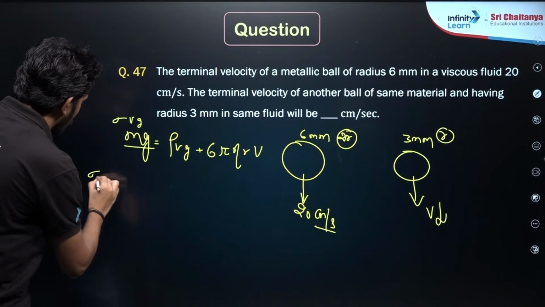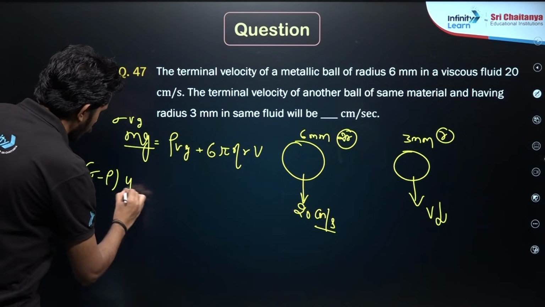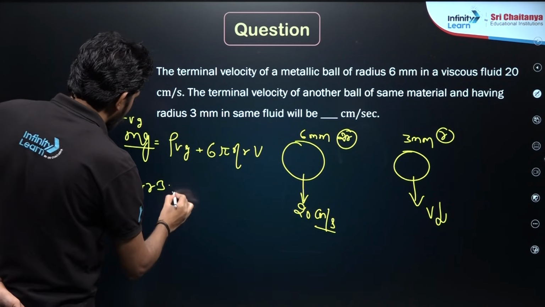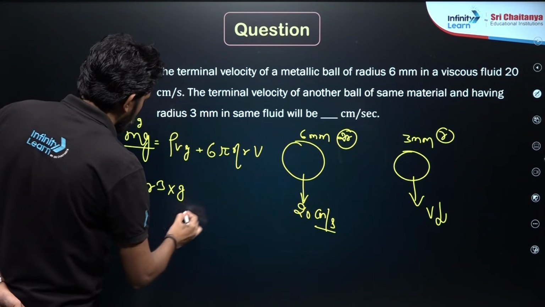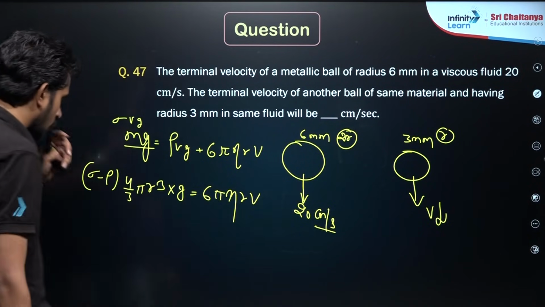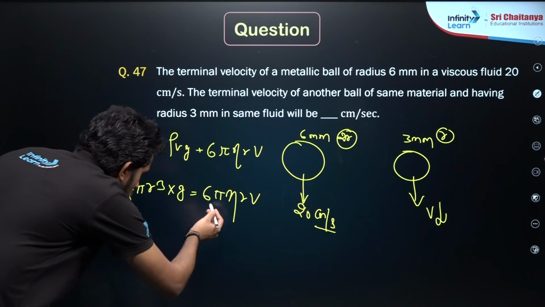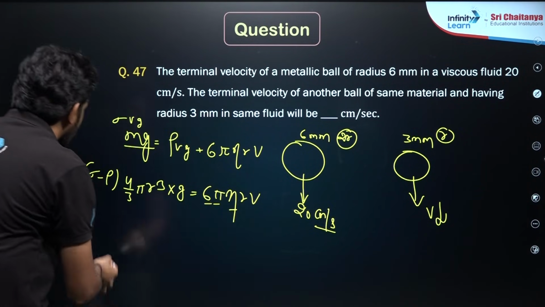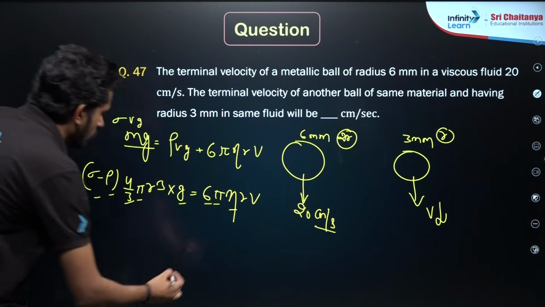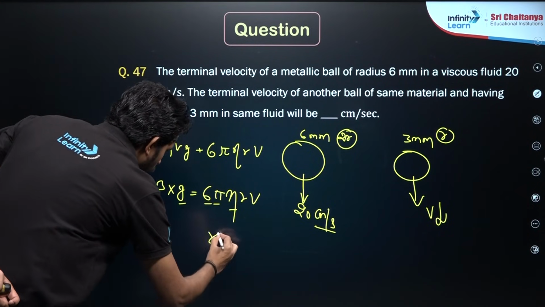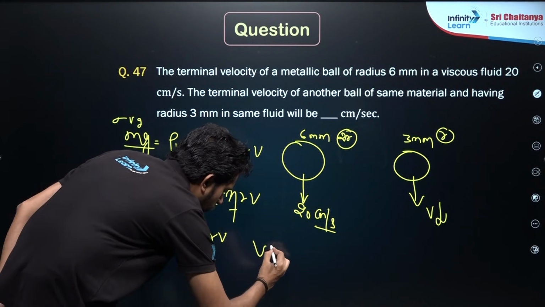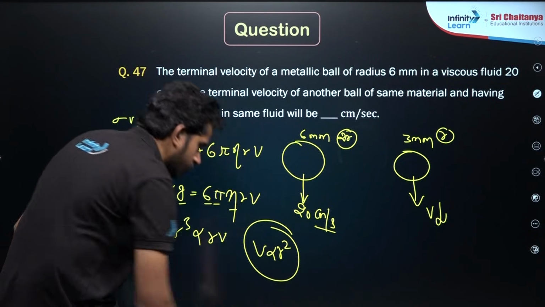So sigma minus rho, v is 4 by 3 pi r cube, and into g equals 6 pi eta rv. So what I'm trying to say, this value is constant, only r cube and r remain. So rv is proportional to r cube. So v is proportional to r square basically.